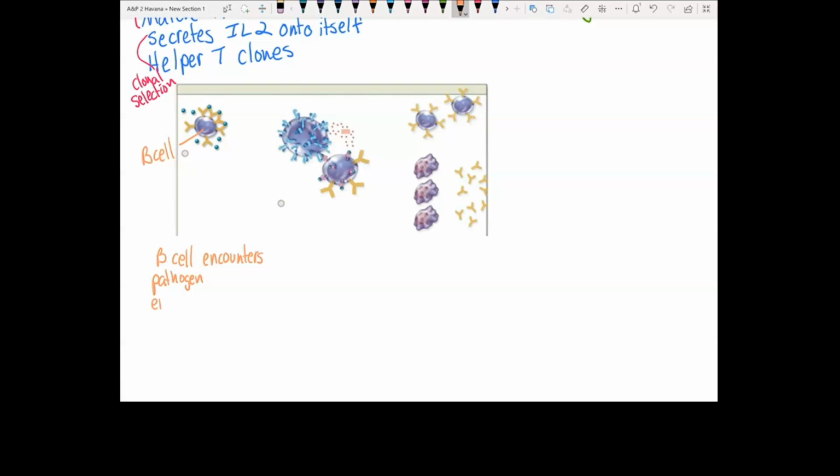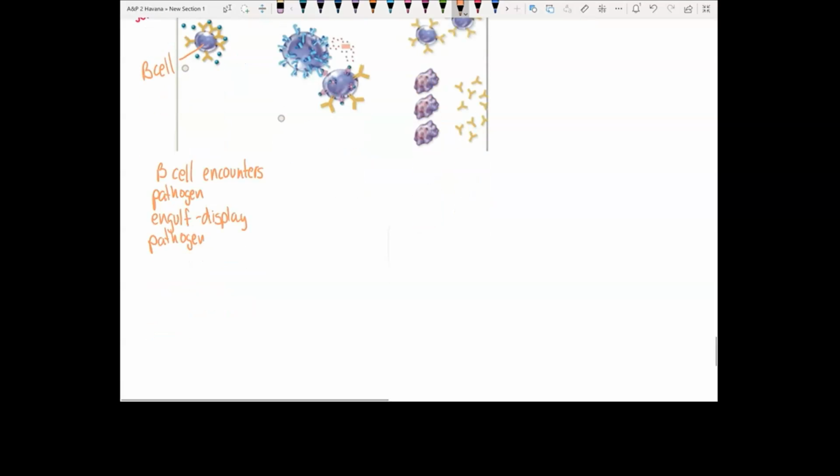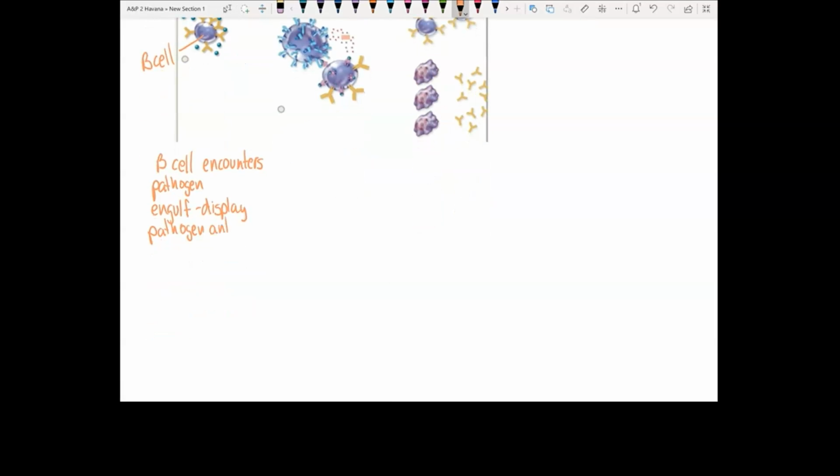Okay, it will engulf it. It will then display the pathogen antigen on MHC2. So it is now an antigen-presenting cell.